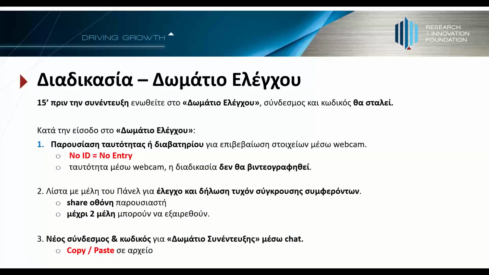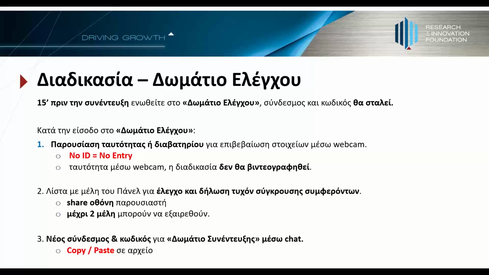So first thing first, what you will need to do is connect 15 minutes before the interview session in the control room in the GoToMeeting platform. A link and a password very specific to your own proposal will be sent to you in a couple of days.